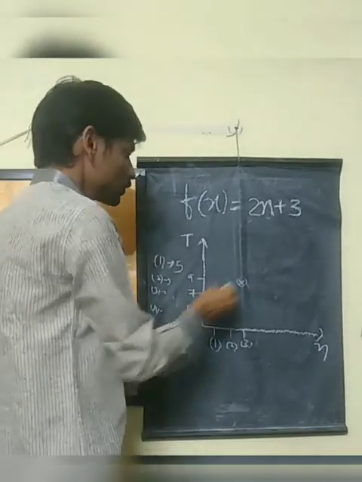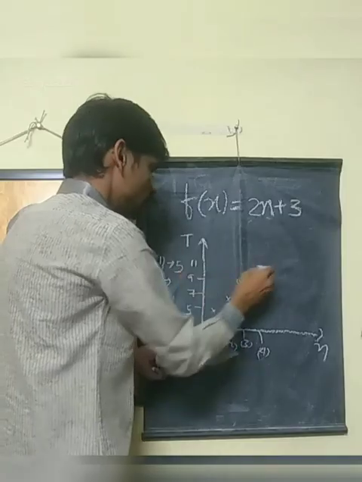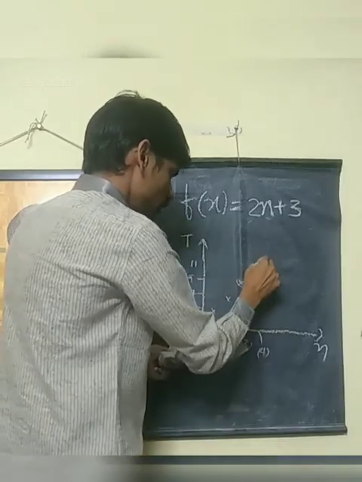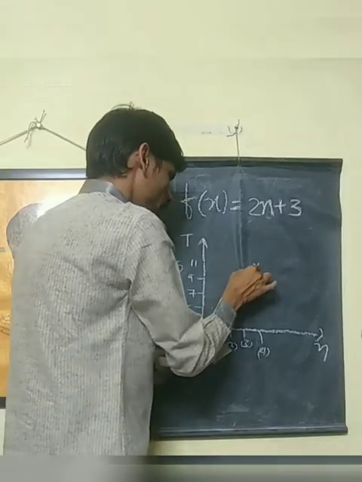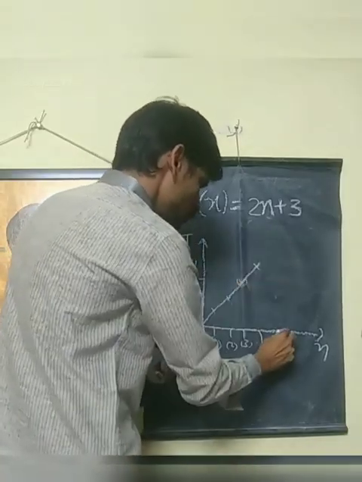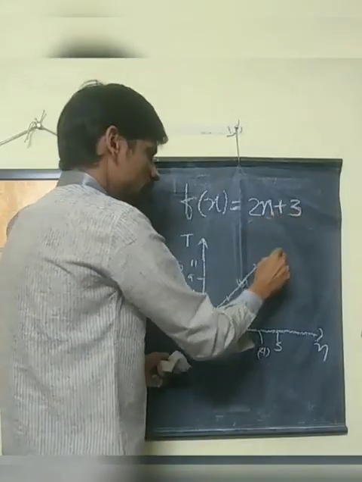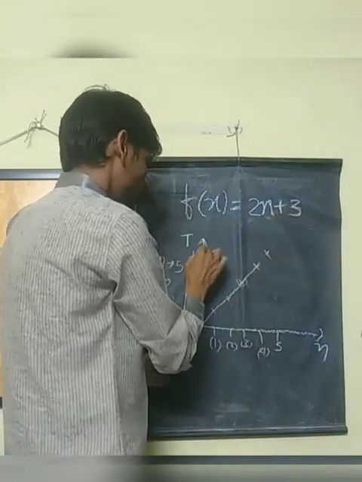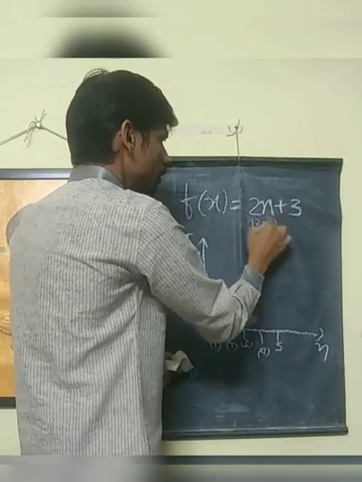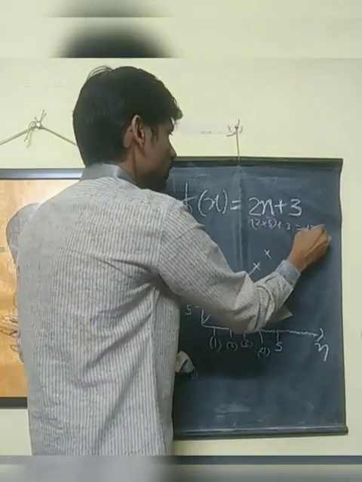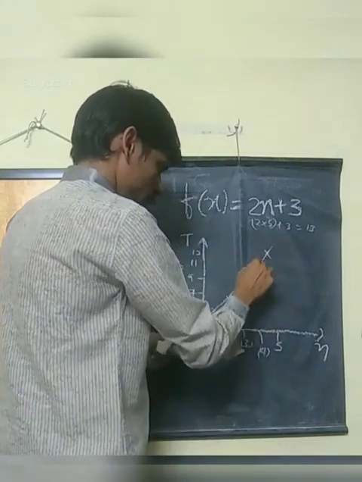For 4, my value is 11. Let's imagine this is my mark. We will do it for 5 also: 2 multiplied by 5 is 10, plus 3, equals 13.